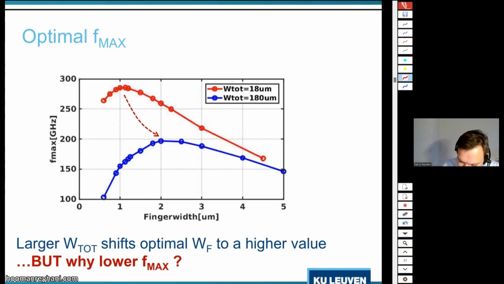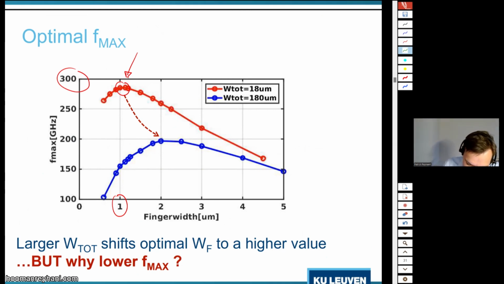Well, the end result, I can already show it here, is that a small transistor with a finger width of 1 micrometer does get you to the quoted 300 gigahertz fmax from TSMC. That's the number that TSMC or ST or Intel or GF will tell you, or Samsung.